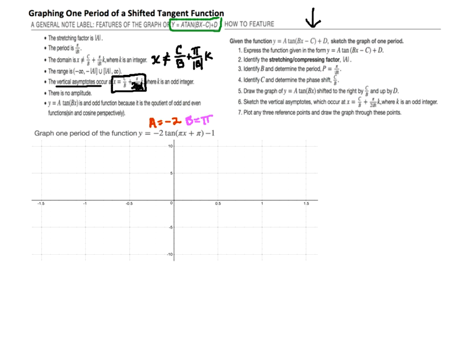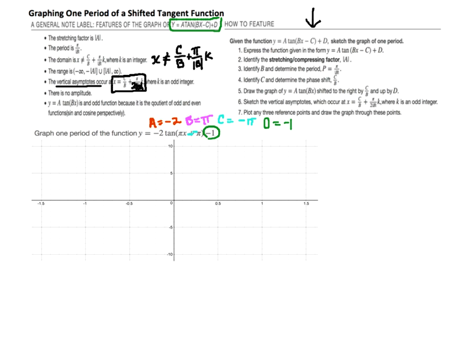Now this one's a little tricky. My c is negative pi because minus is in the form inside the function, so this is minus negative pi there. And my d value is negative 1 on the outside right here.